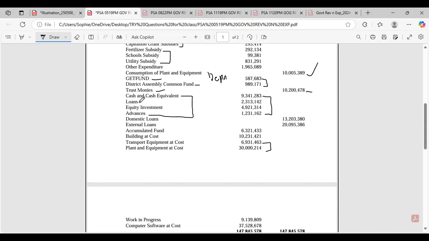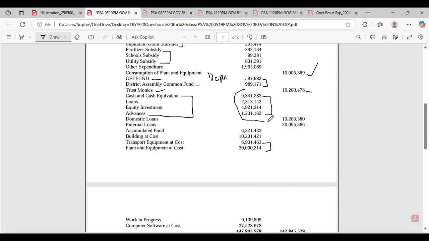If you check the previous example we saw, was it loans and advances? So these are loans to government workers that are due to the state. So it's an asset to the government. Equity investment: government has invested in private or other companies. Advances: loans and advances always go together. So all these are assets.